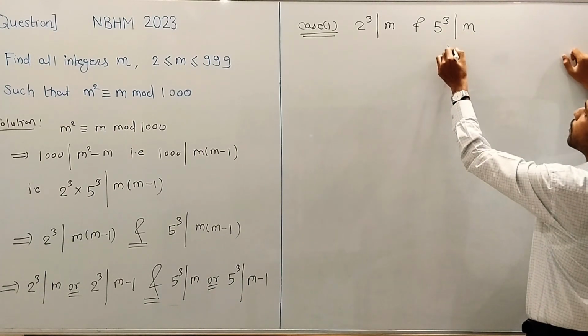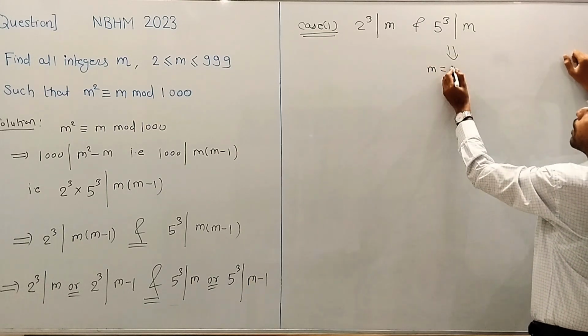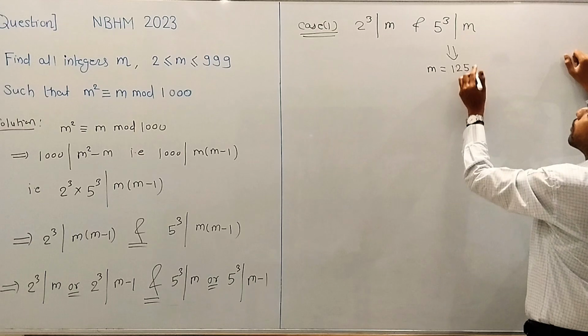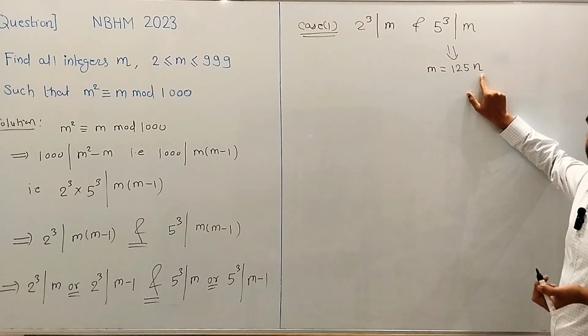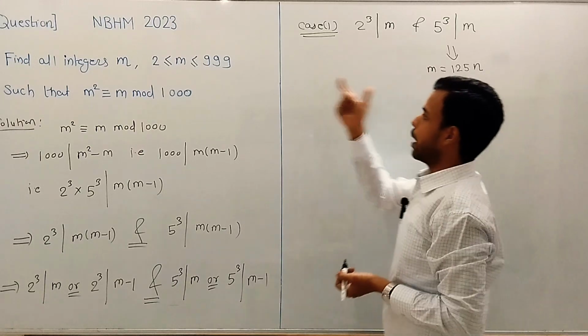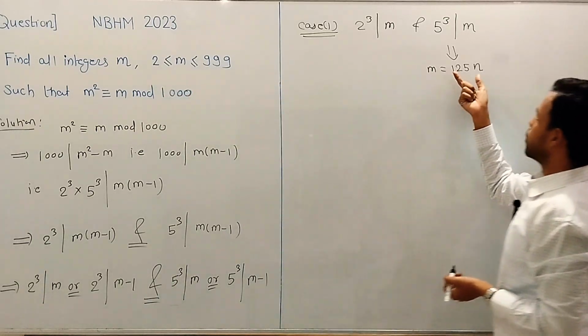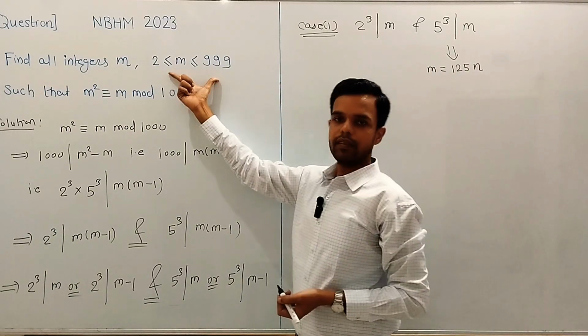So from here we get m equals some multiple of 5 cube, and 5 cube is 125, so m equals 125 times n, where n is a positive integer. But we are given that m must lie in this range. So m is a multiple of 125 and lies in this range.